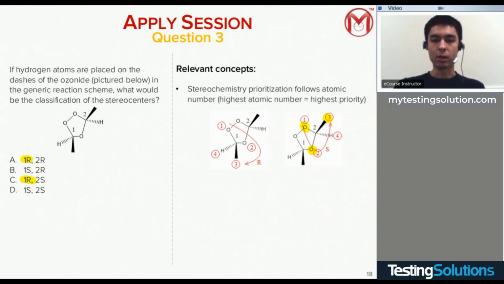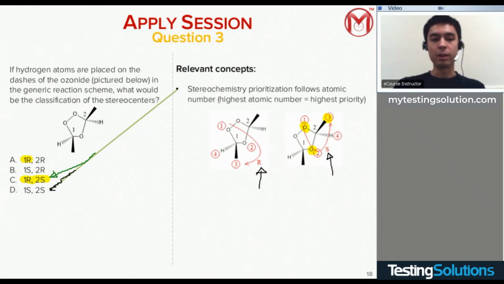They're going counterclockwise, so that makes this S, which makes our answer C. Let me just fix up this error a little bit to make it match what it says on your slides, and ignore this piece right here. Okay, so our answer here is C. 1R, 2S.